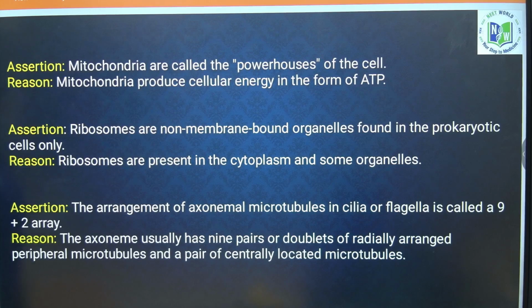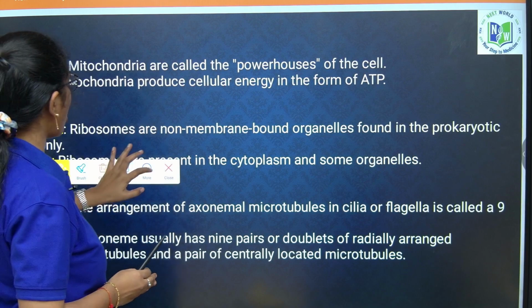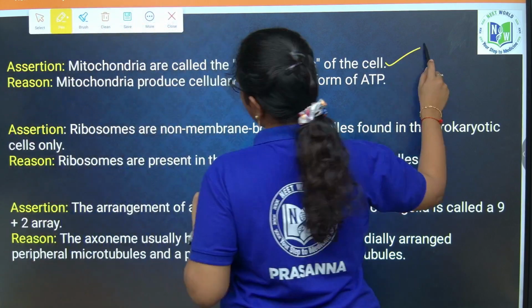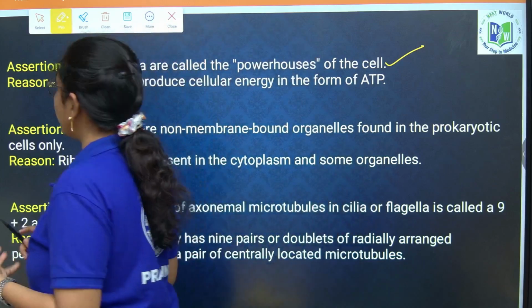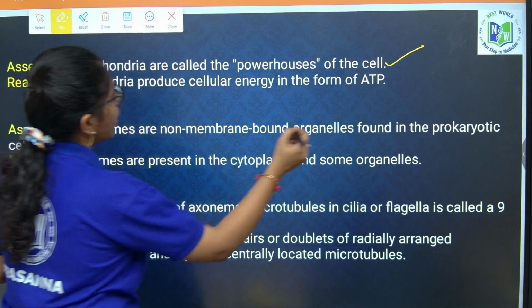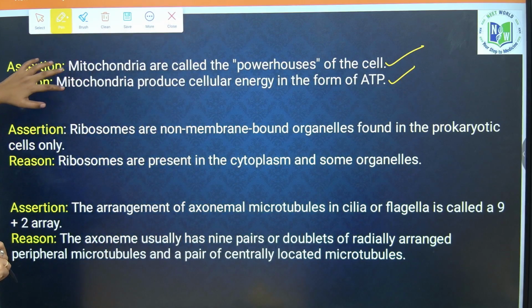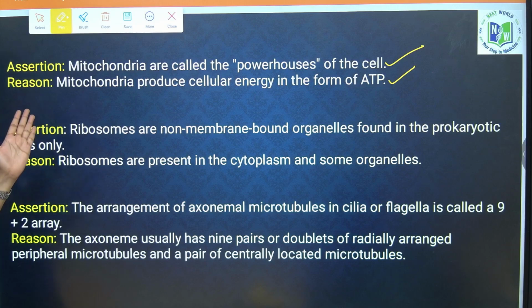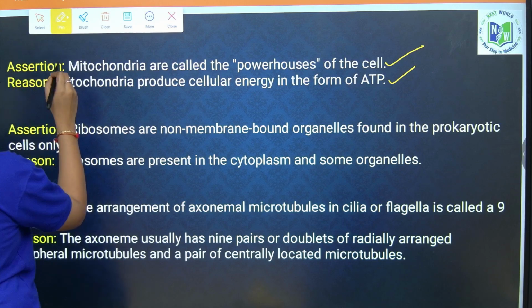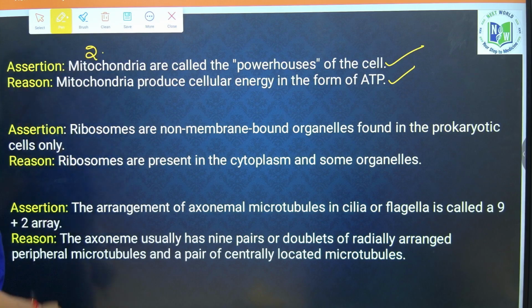Next question. Here if you see assertion, mitochondria are called the powerhouses of the cell. True. Next, mitochondria produce cellular energy in the form of ATP. Correct. Both the statements are true, but nowhere is the reason explaining the assertion. Then the answer will be 2. Okay.